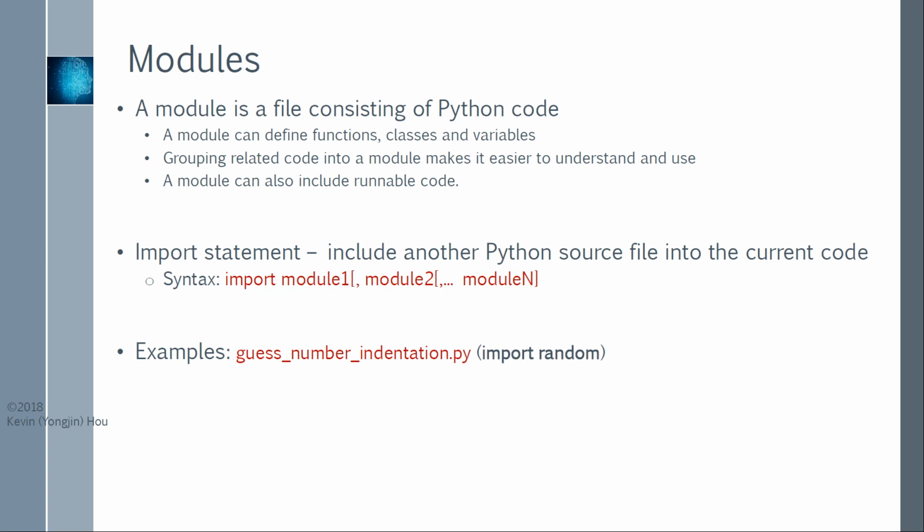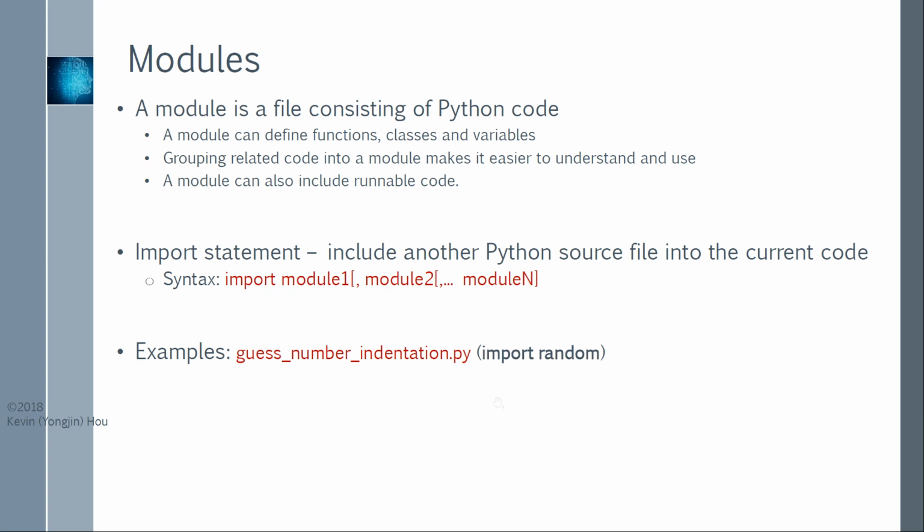The important thing is you put the relevant stuff together, so it will be easier to understand what you have included in one module or one file. And one module may also have a main method, making it runnable. So the idea behind the module is reusability and ease of understanding.